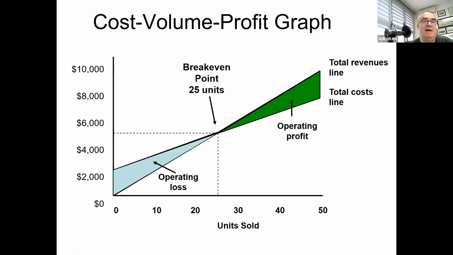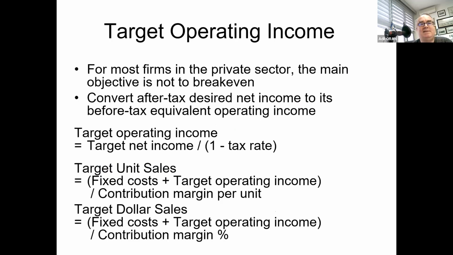You might also say, well, I don't only want to know the point at which I break even, but maybe I want to be making at least $1,000 or $5,000 or $10,000 operating profit. Well, in that case, this is called a target operating income.